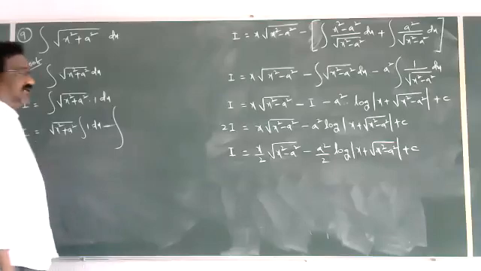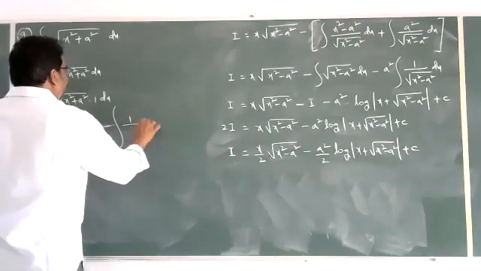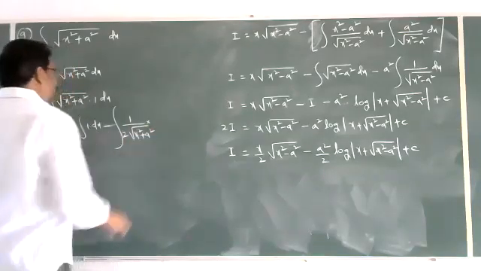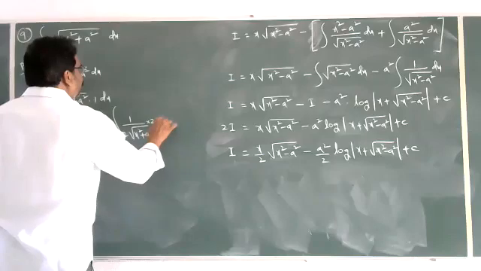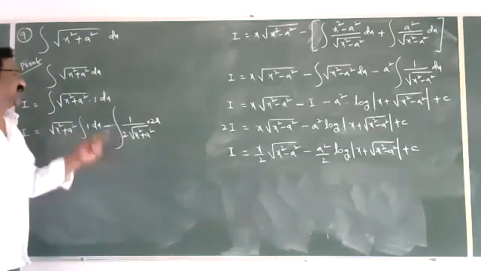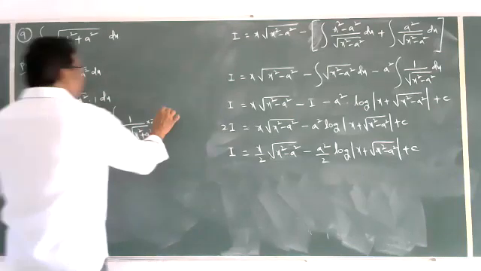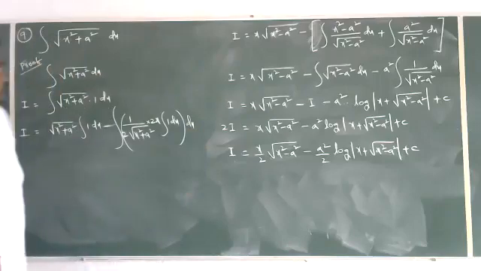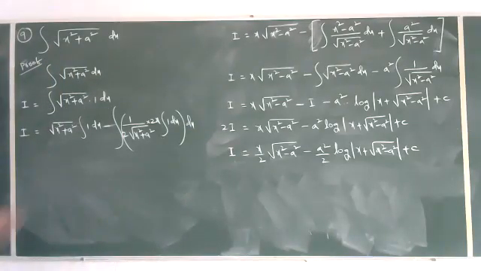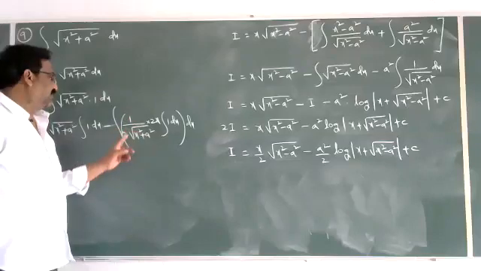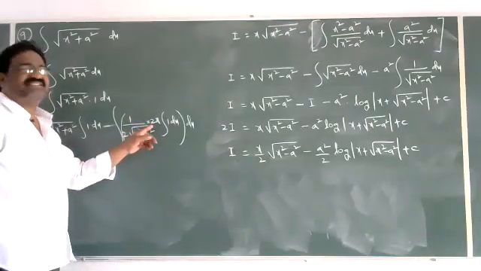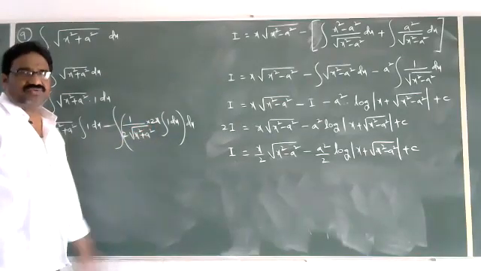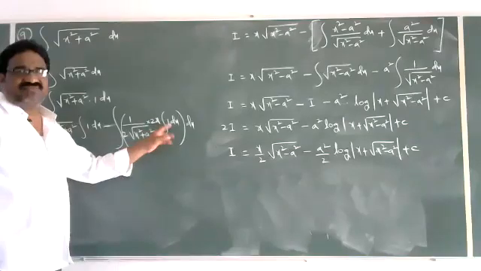The derivative of root is 1 by 2 root of x square plus a square into the derivative of x square plus a square, which is 2x, into integration of 1 dx, for whole dx. So derivative of first function, that is 1 by 2 root of what is inside, x square plus a square, by using chain rule, x square plus a square derivative 2x, into integration of second function 1 dx.